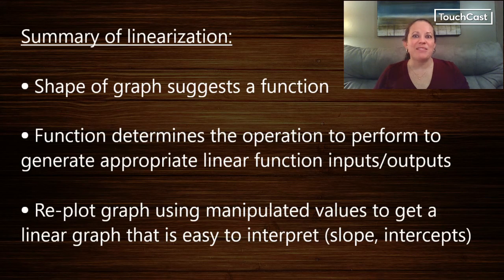So one more time, a summary of linearization. The shape of a graph suggests a mathematical function, and that function determines what operation we're going to perform on our input value in order to have a linear function through our outputs. Then we're going to replot a graph using our manipulated values to get a linear graph that's easy to interpret. We already talked in our last video about how to do slope and intercepts.